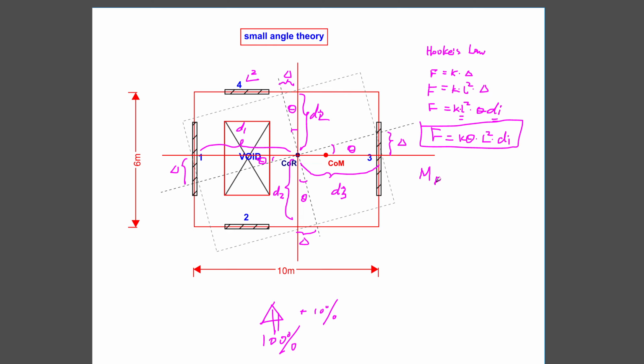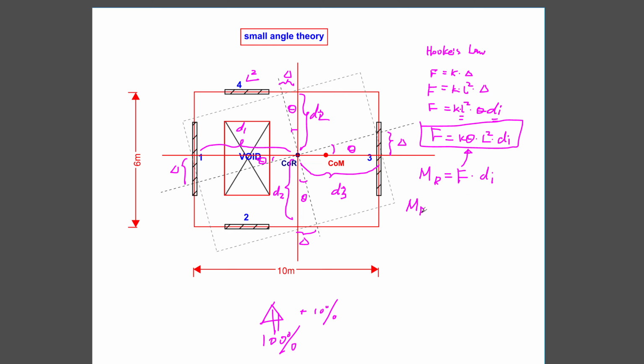We're going to call it a resisting moment. That is your F times your individual distance D. And your induced force F equation has already been calculated from Hooke's law. So what we need to do is just substitute this equation down here.